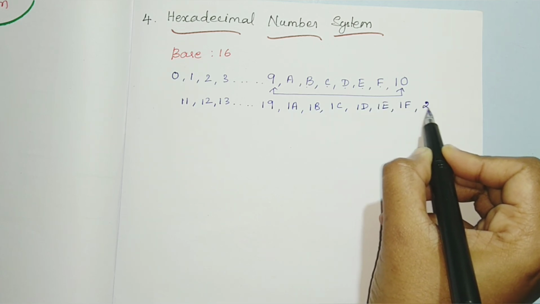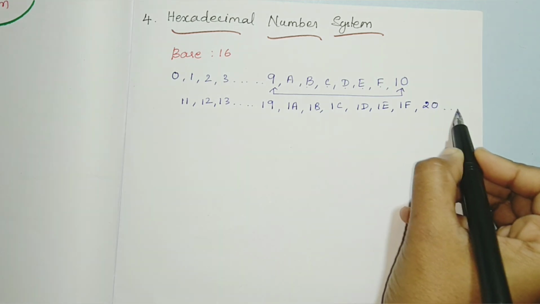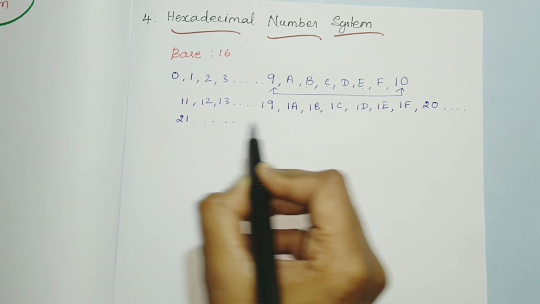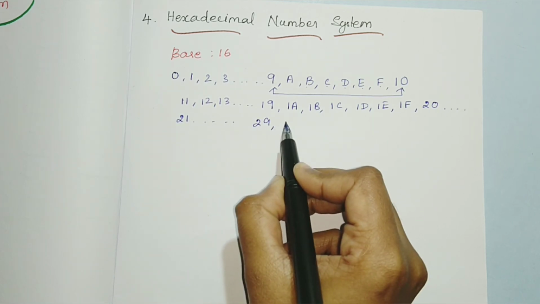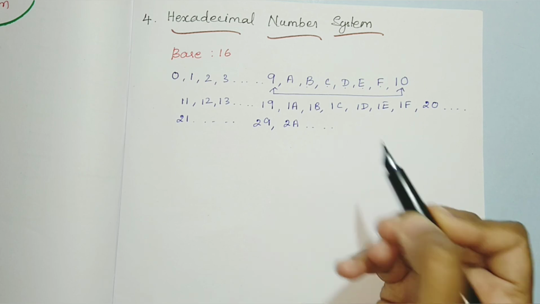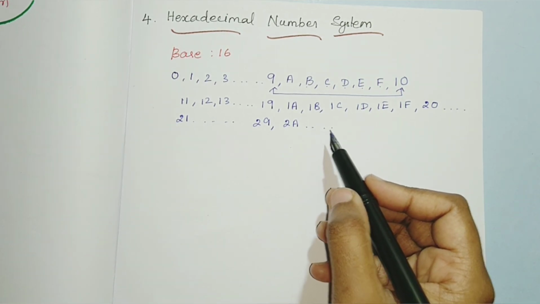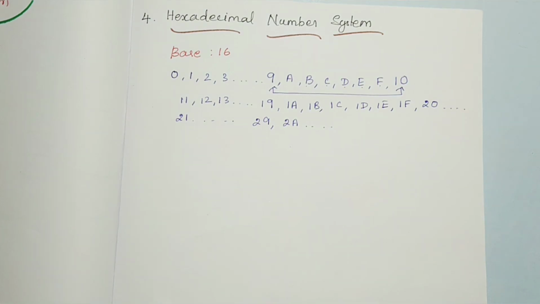After this 20. So between 19 and 20 we have the same 6 alphabets. It works like this. After 21, up to 29 it is the same as decimal numbers, then 2A, 2B and it goes on. So the hexadecimal number sequence is followed in this pattern.